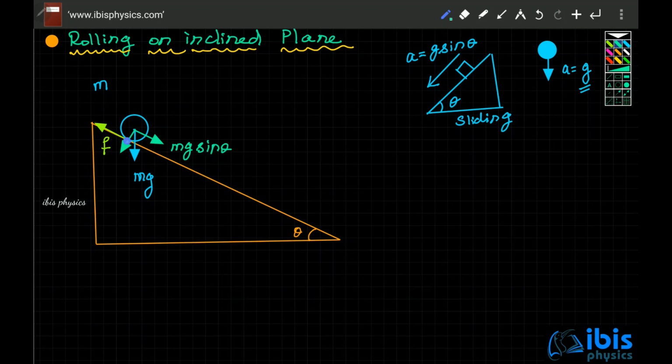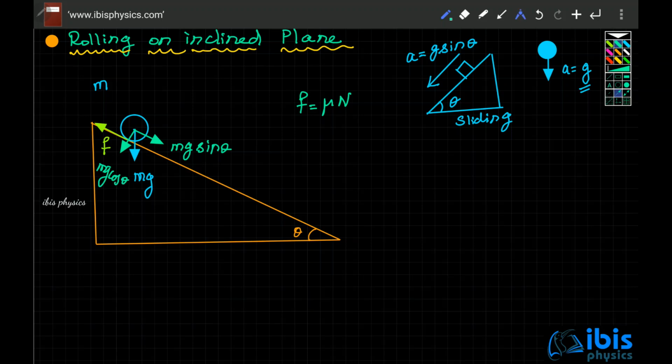The other force, the frictional force F, will act in the opposite direction. We know that the frictional force F is equal to mu times the normal reaction.